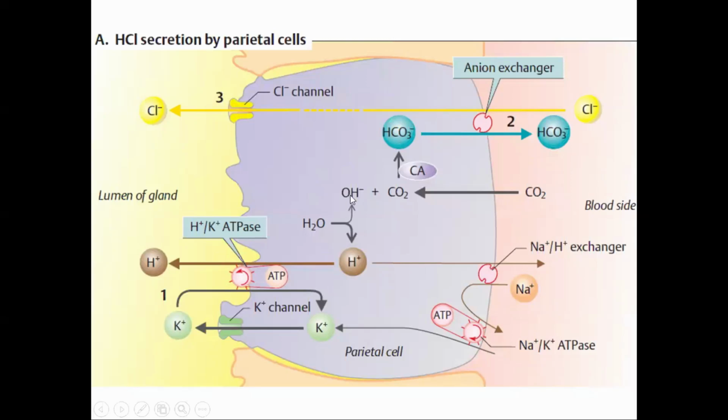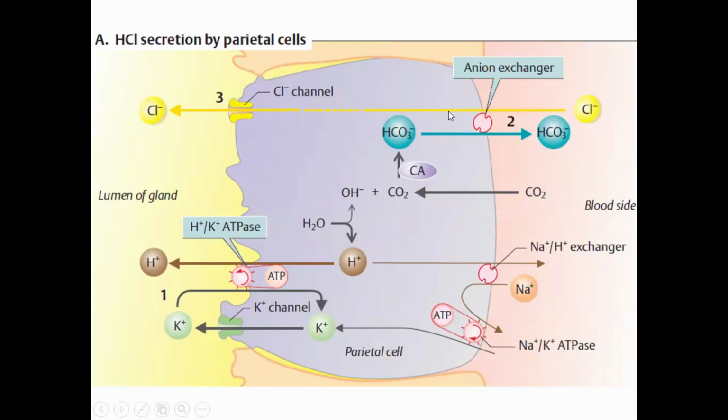Then this hydroxide ion combines with water with the help of carbonic anhydrase enzyme and is converted into bicarbonate. Bicarbonate is exchanged with the chloride, and chloride ion comes into the parietal cell. To balance the positive charge created in the lumen, this negatively charged chloride ion goes to the lumen of the parietal cell, and there it forms hydrochloric acid.